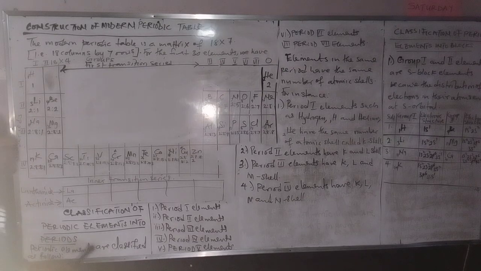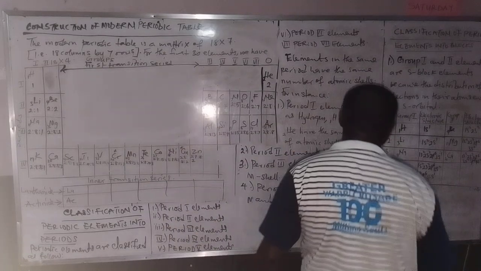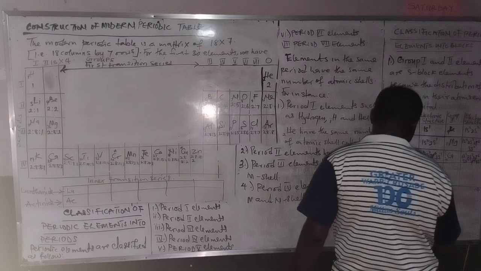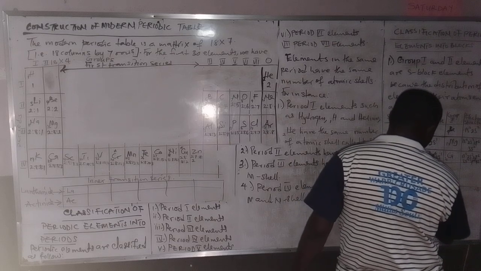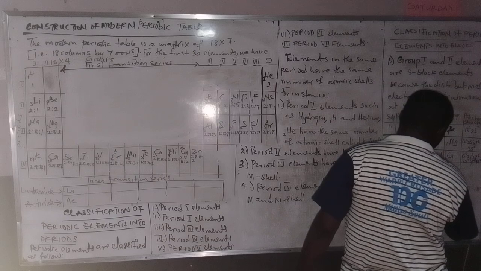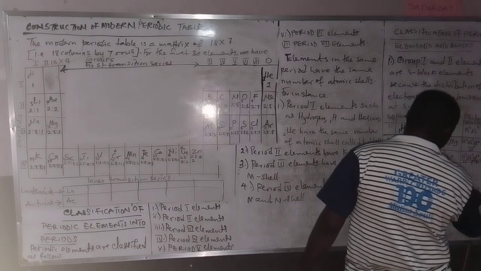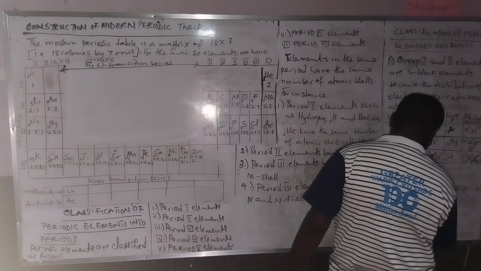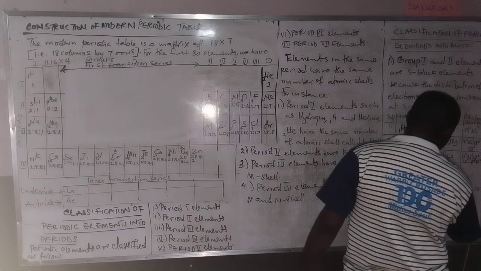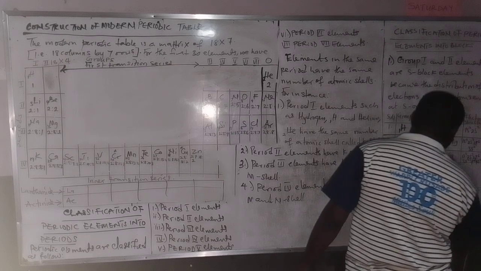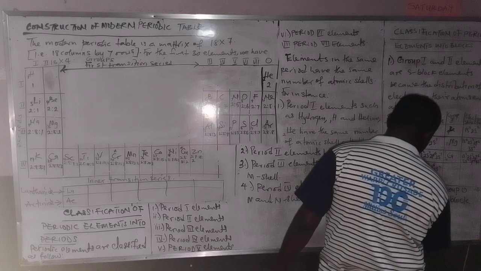Now, let's go to the next one. Which ones are the p block? Let's go to number 2. Now, group 3 to group 0 elements are p block elements.